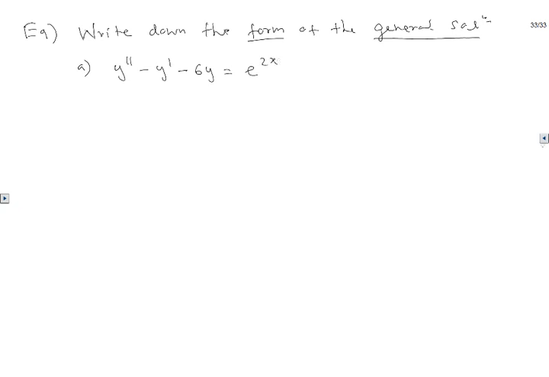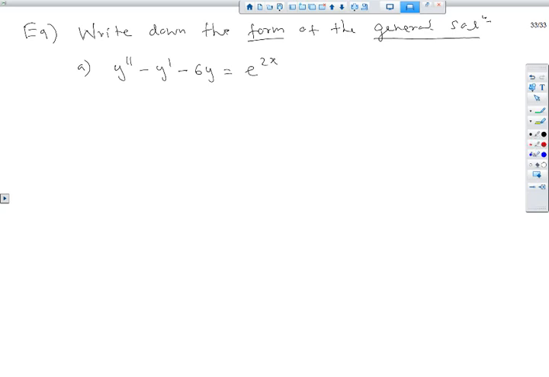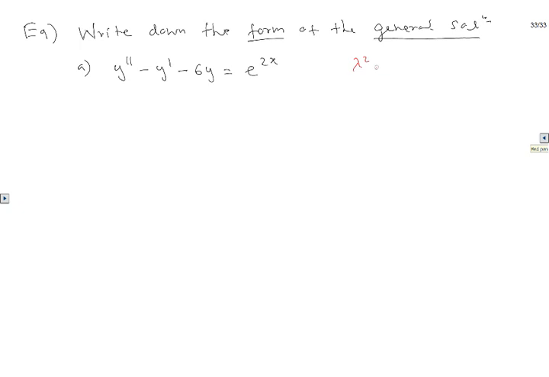So the best thing would be to look at the characteristic equation. So it is lambda squared minus lambda minus 6 equals 0. What are the factors? Lambda minus 3, lambda plus 2. So that means lambda equals negative 2 and 3. You can see that 2 is not equal to any of them.